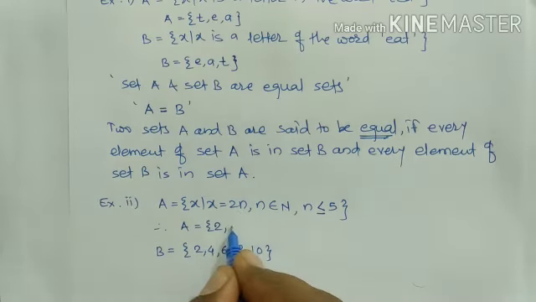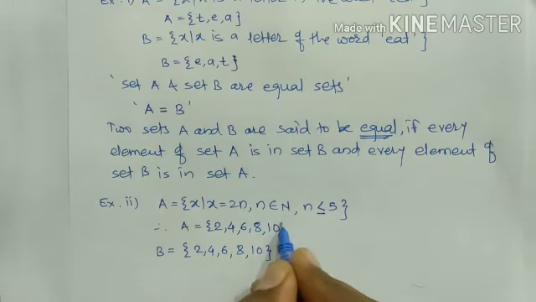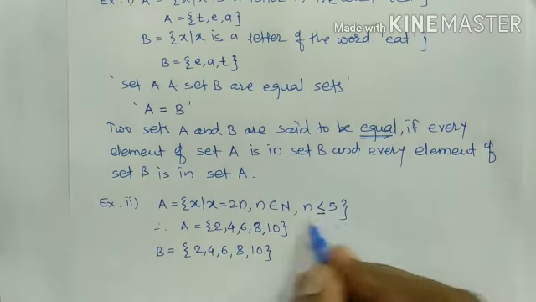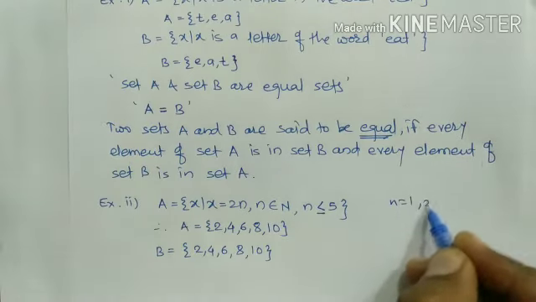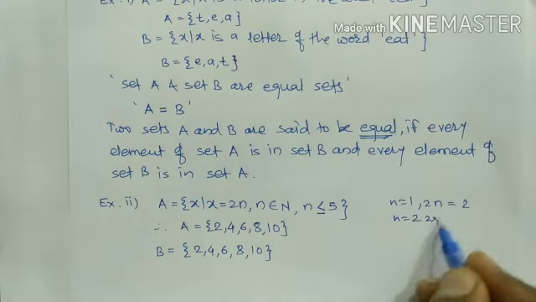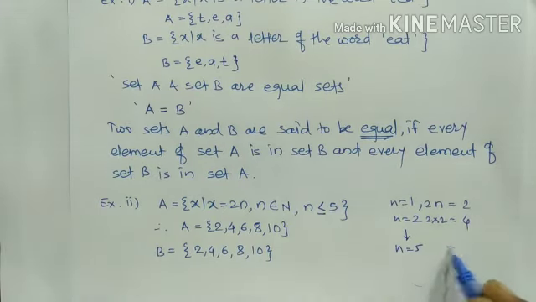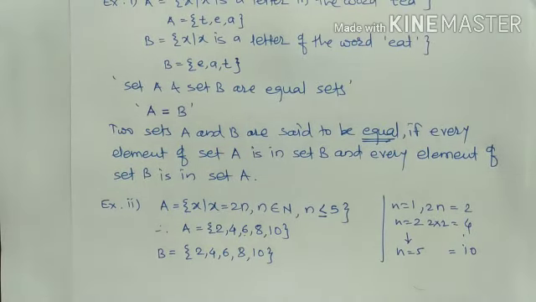These are the numbers 2, 4, 6, 8 and last one is 10. Because when we take n equals to 1, then 2n equals to 2 into 1, 2. For n equals to 2, 2 into 2, 4. In this way n equals to 5, then 2n equals to 10. म्हणजे अशा पद्धतीने हे नंबर आपल्याला लिहिता येतील.